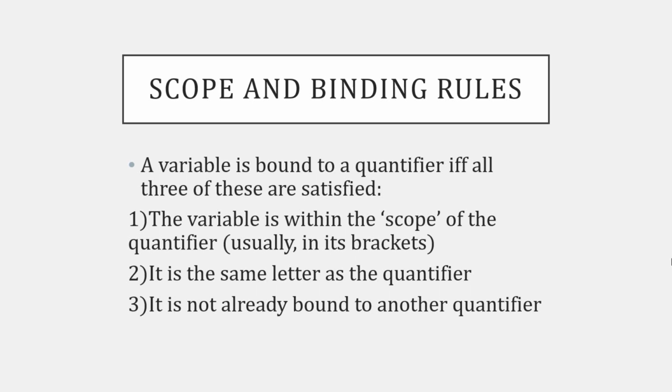It's the same letter as the quantifier. You don't bind all of the variables in the sentence. You only bind the letters that are the same as your quantifier letter. And it's not already bound by another quantifier. We have to include that because we had these weird cases where there's one quantifier embedded in another quantifier and they use the same letter, that kind of thing. So that was what that was.